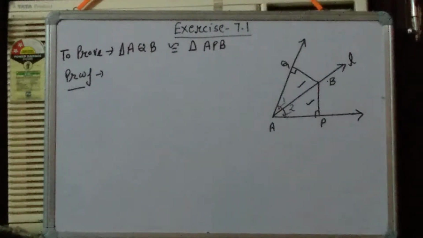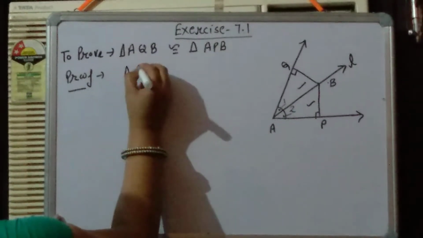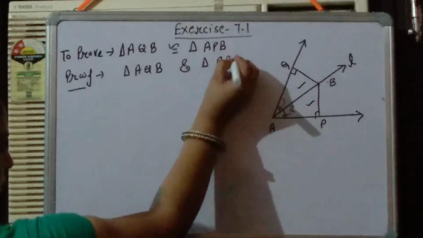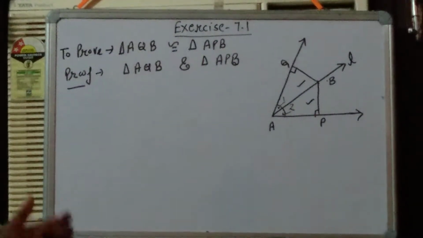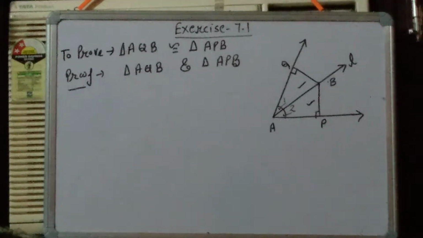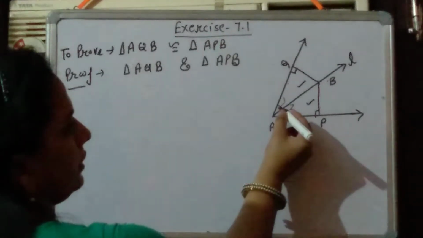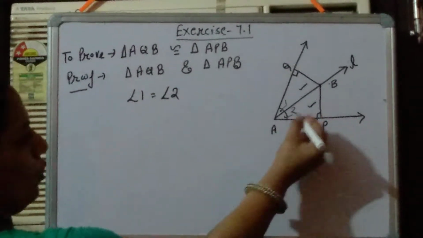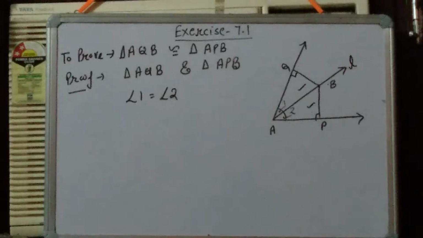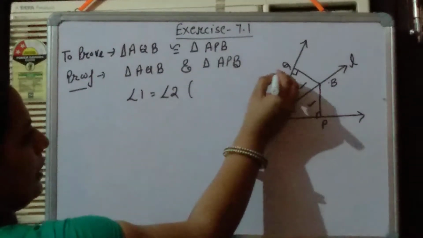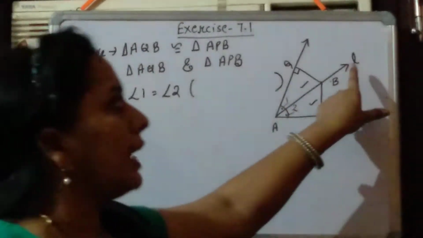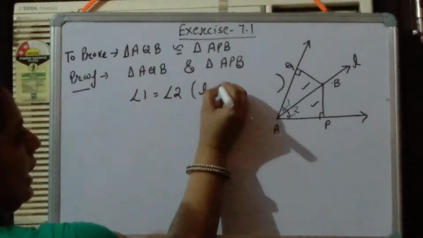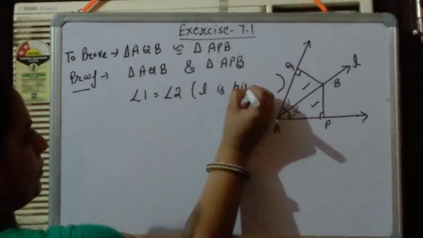First of all, write the name of the triangles which you have to show congruent. Then write the terms which are equal in measurement or in length. Angle 1 of the first triangle is equal to angle 2 of the second triangle. And write the reason in the bracket why these angles are equal. Because line L is the bisector of these angles. So we will write here L is bisector.